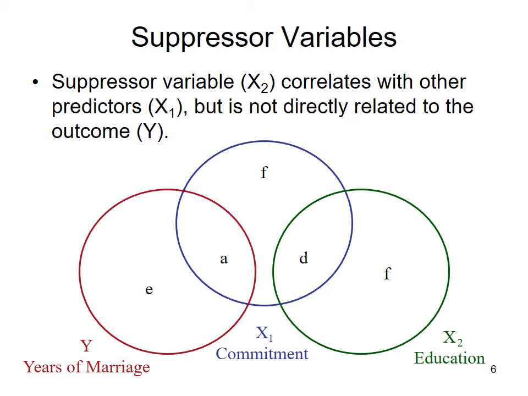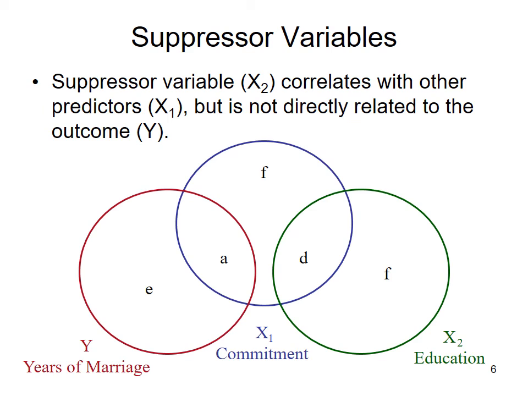Now remember that it might also be an indication of multicollinearity. It may also be a case where 2 variables predicted a similar portion of years of marriage, and you don't need both to predict. So it is a bit of detective work to look for suppressor variables.